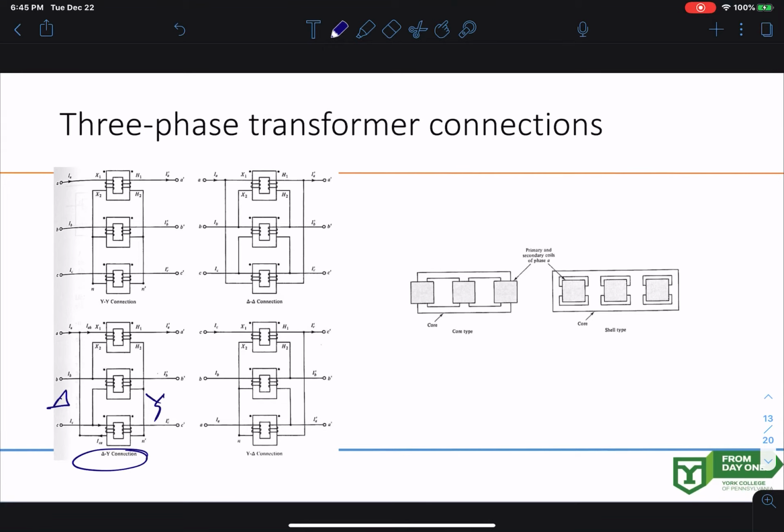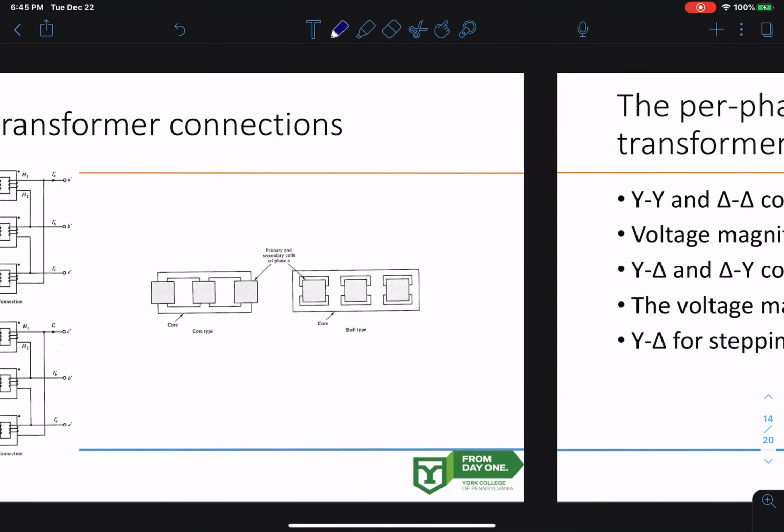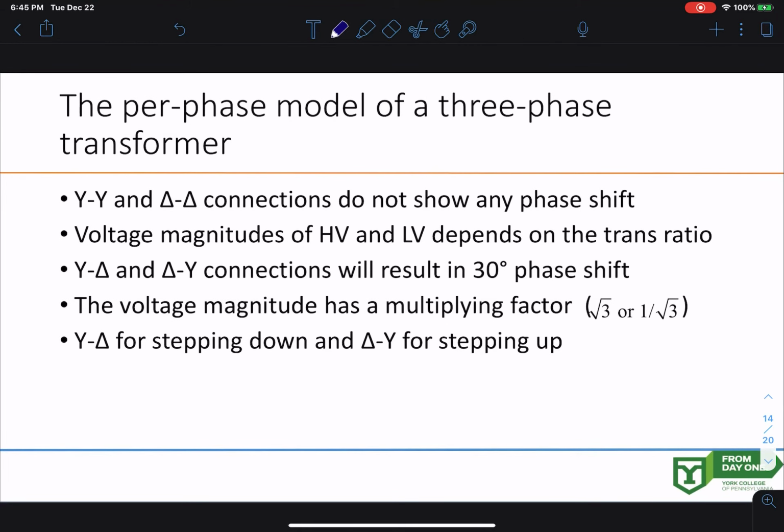All right. So YY connection and delta-delta connection do not show any phase shift because they have the same voltage, because it's a face-to-face connection. But if we have Y-delta or delta-Y connection, there's a 30-degree phase shift. As you discussed in the previous classes, Y-delta connection has a 30-degree phase shift. And there's a factor of √3 or 1 over √3, depending on what you're measuring.